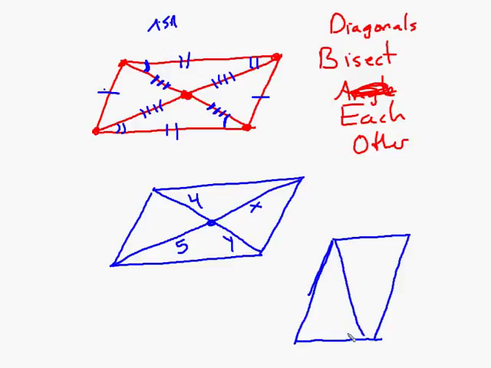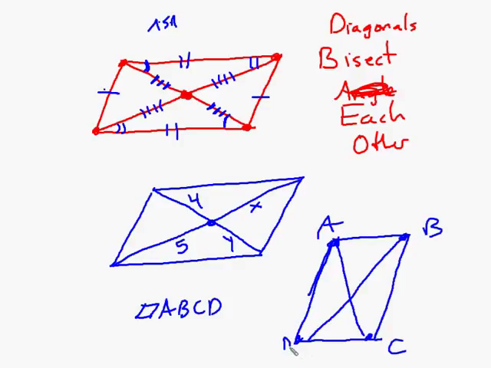All right, let's say I have this other parallelogram here. It's not quite as nicely drawn. Now we're going to use this symbol to mean parallelogram. It's kind of hard to draw, but parallelogram. I'll have parallelogram ABCD with AC equals 12 and BD equals 10.